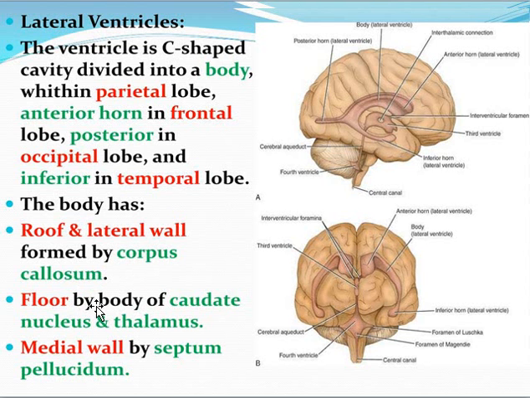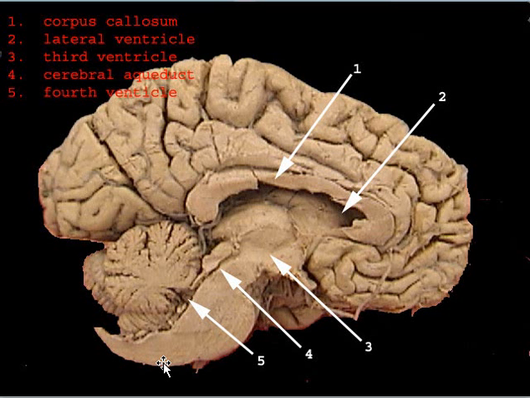The floor is formed by the body of the caudate nucleus and thalamus, part of the basal ganglia, and the medial wall is formed by the septum pellucidum, vertical layers that represent the medial boundary of the lateral ventricles. This slide shows the cavity, the lateral ventricle, located within the cerebrum or hemisphere of the cerebrum.